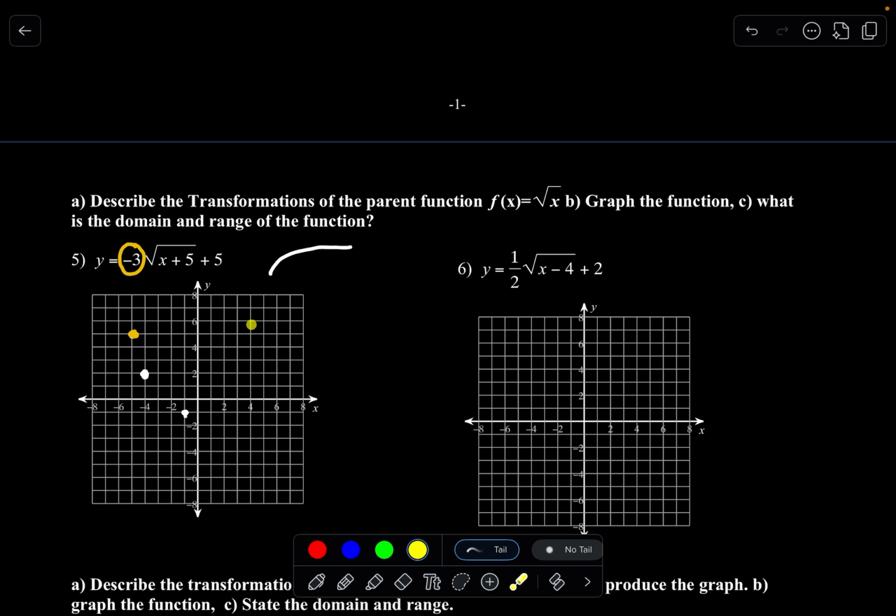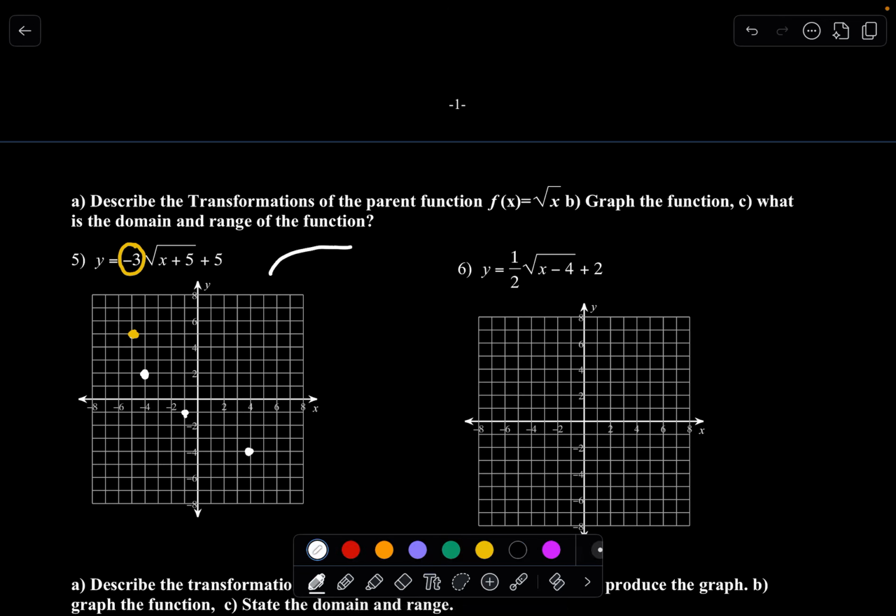Times 3 means we go down 9. So it would be here, I think. I hope I count right. Let me see. 1, 2, 3, 4, 5, 6, 7, 8, 9. Square root of 9 is 3 times a negative 3 is negative 9. We go down 1, 2, 3, 4, 5, 6, 7, 8, 9. Actually, it's right here.